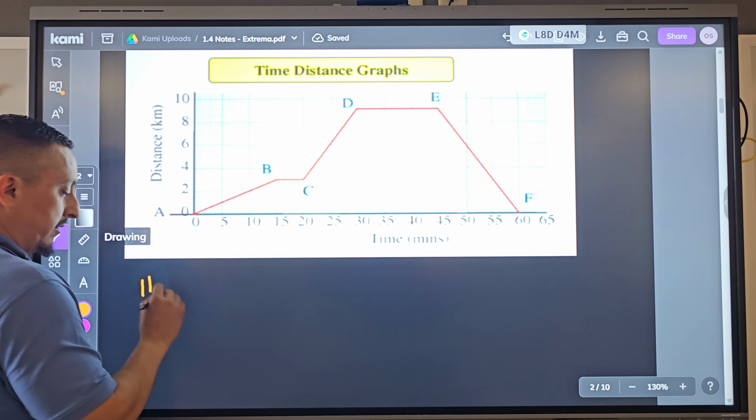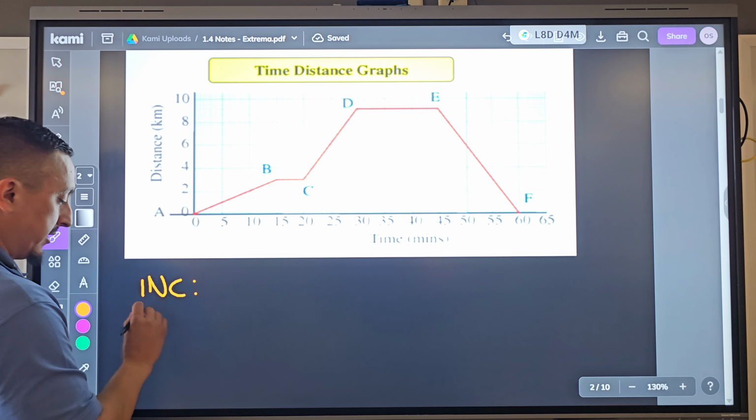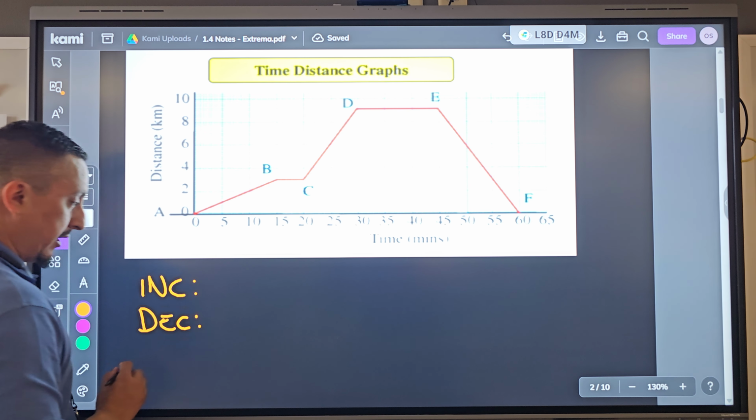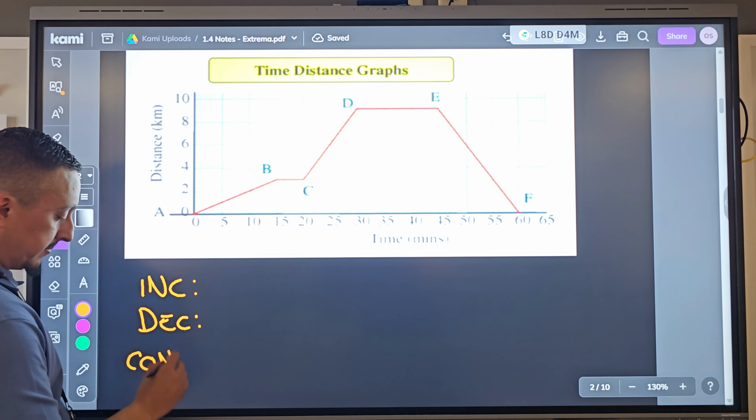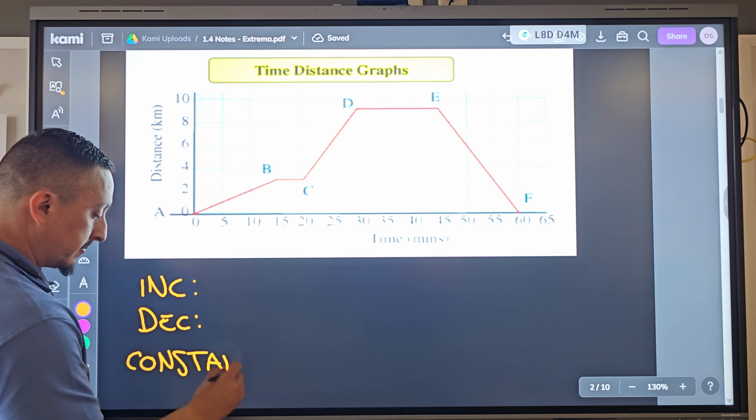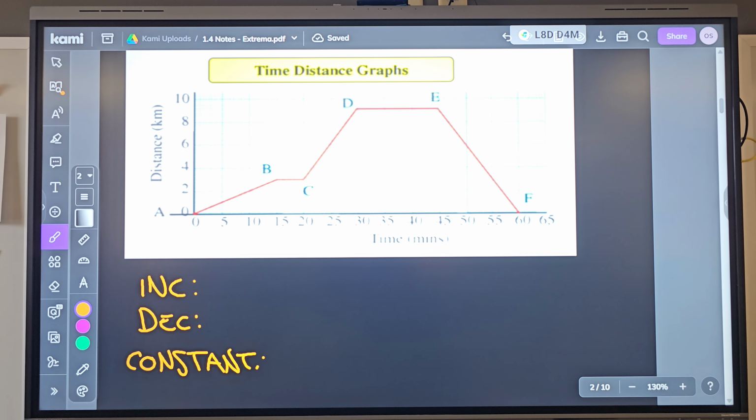And I just want you to write, where is it increasing? Where is it decreasing? And we also have a constant, which means not increasing, not decreasing, it's staying the same. So give me the intervals of where it's increasing, where it's decreasing.